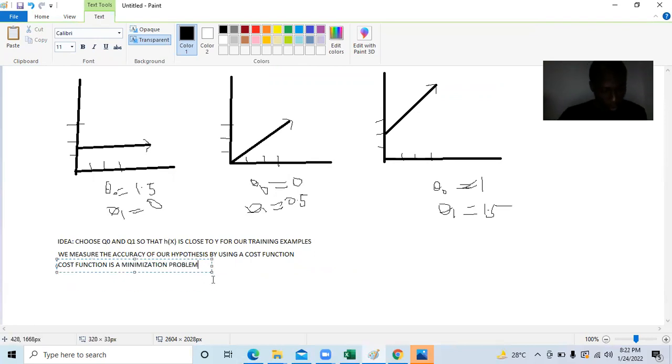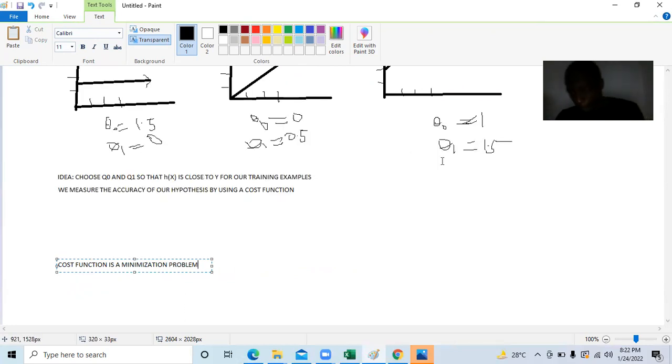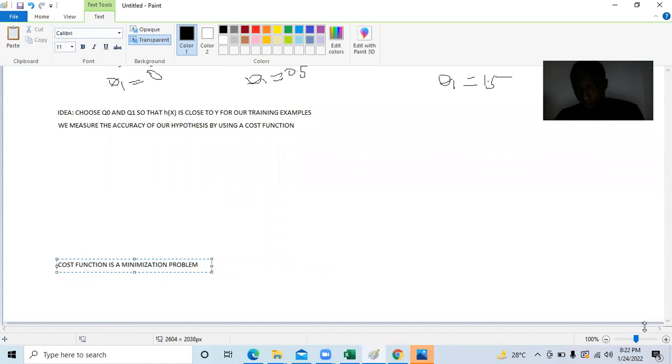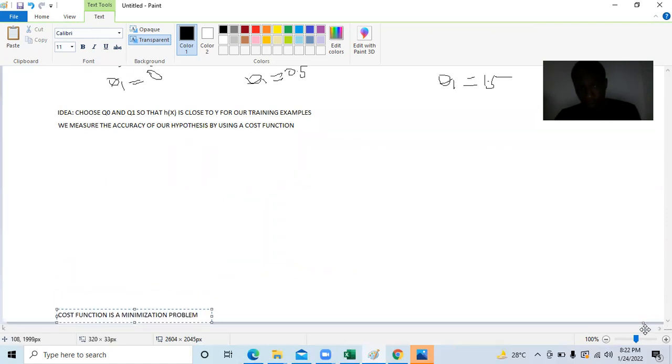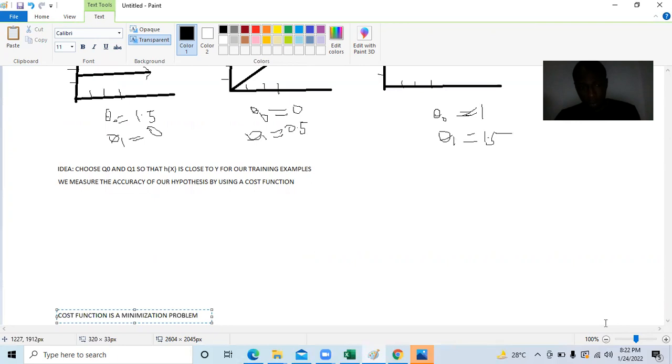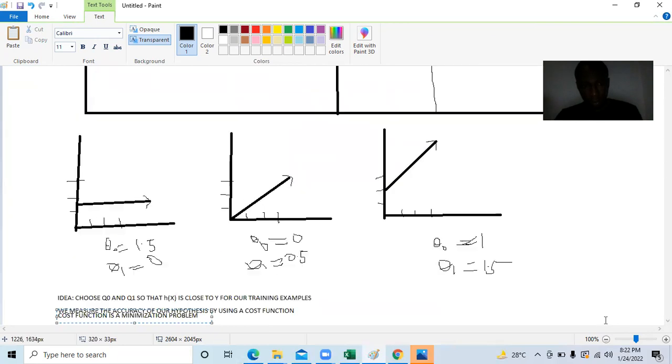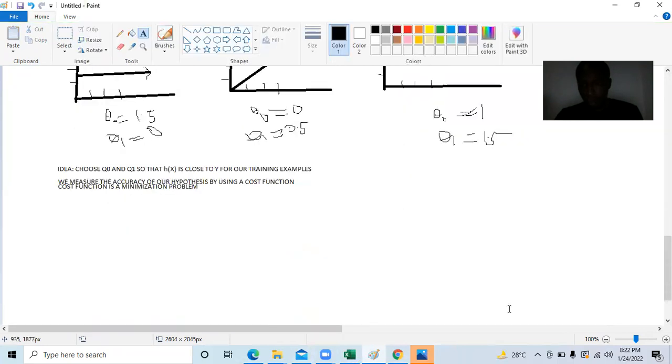Cost function itself is a minimization problem, and this is the formula for cost function.